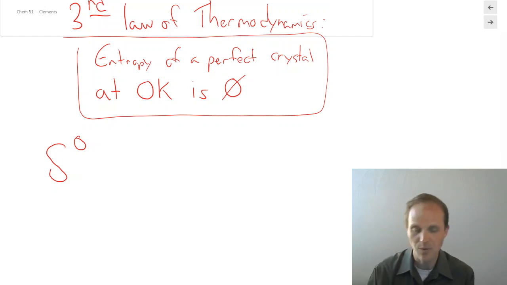And so if we wanted to calculate entropies of reactions, it turns out they work exactly the same way as we do when you calculate enthalpies of reactions.